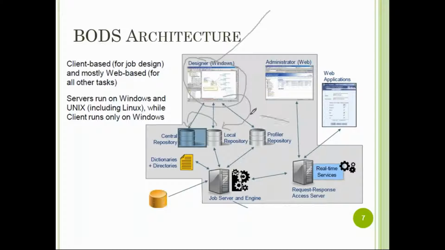And we need to perform profiling, so we need a profiler repository. In order to execute your jobs in BODS, we require a job server. So these are all the different tools and how they are connected with each other. This is the logical way of connection of SAP BODS.